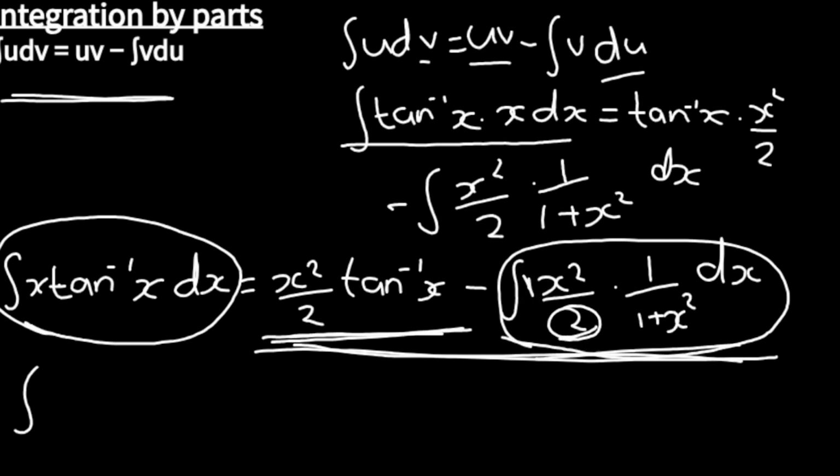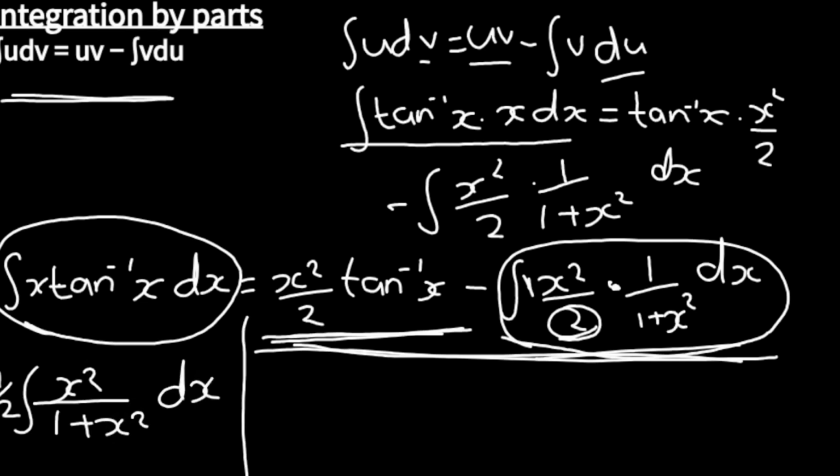Remember this is a product, not a positive or a negative. Whenever you have a constant, you can push it outside. So it's going to be half the integral of x squared over 1 plus x squared dx.